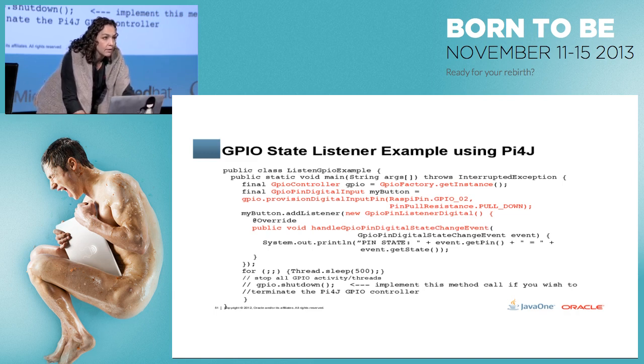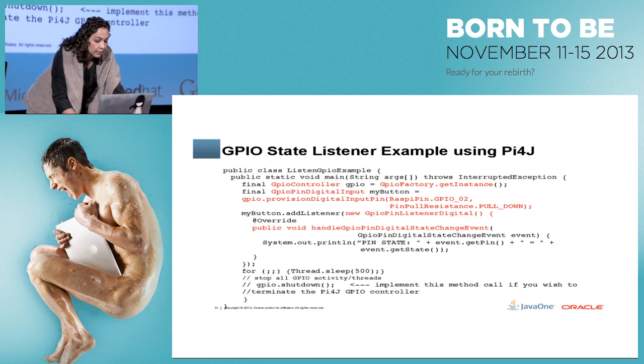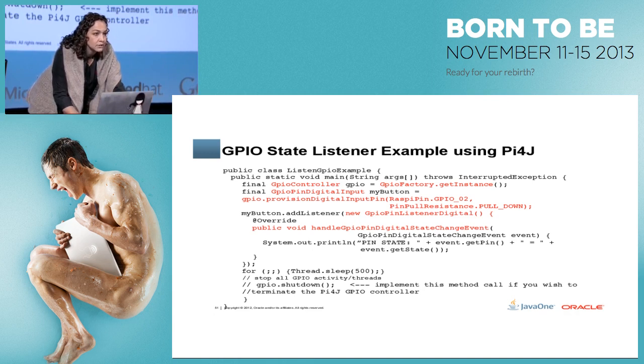In this case, how you're going to listen. In this case, we're going to be using pull down. Once you configure, you create it, and then you start using it. In this case, we've defined it as my button, and you are listening to changes on that pin. So you have a listener on that button, so whenever a state change happens on the pin, you can listen to it and do something.